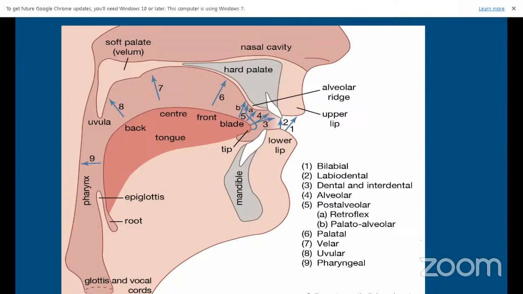The alveolar ridge and upper lip are passive articulators, whereas the lower lip and the tongue are active articulators. Why do I call this active? Because they are moving. The lower jaw, the lower teeth, the lower lip, the tongue, they move. Hence, it is active, right?